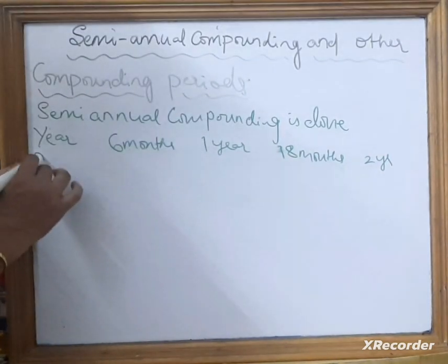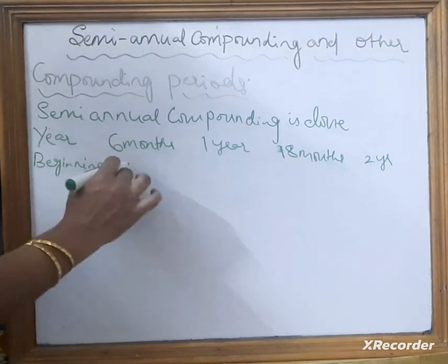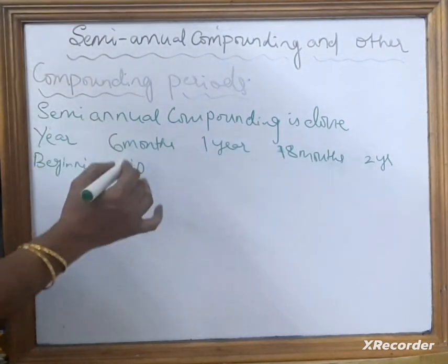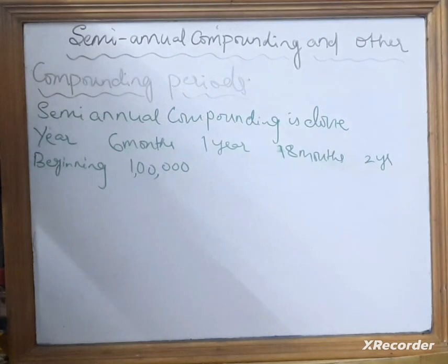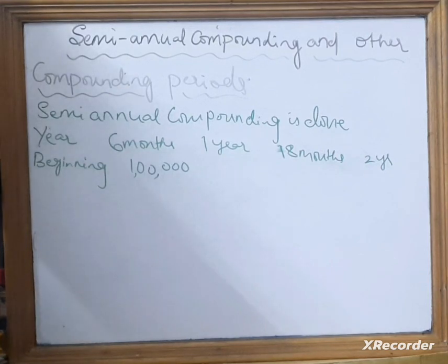So what is the beginning amount? As I told you, he deposits 1000 rupees. What is the interest rate?